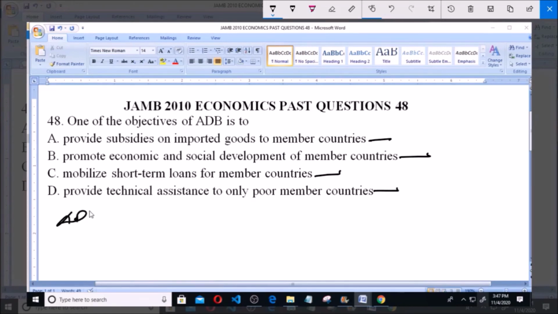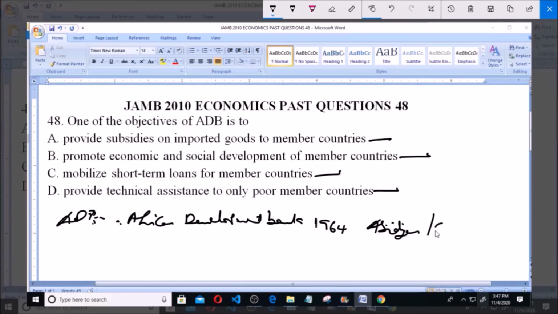ADB is African Development Bank, which was established in 1964 with its headquarters in Abidjan, Ivory Coast.